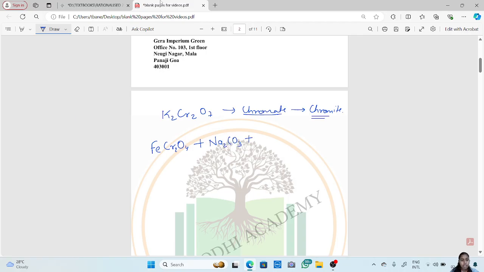Now this reaction should have free access of air, so air should continuously pass through this reaction. Now what does air contain? Air contains oxygen, so there is also a supply of oxygen. This gives Na2CrO4. This is sodium chromate.